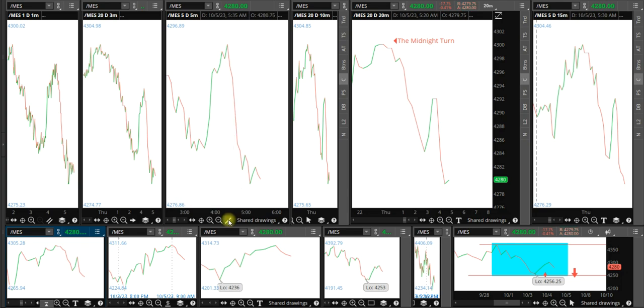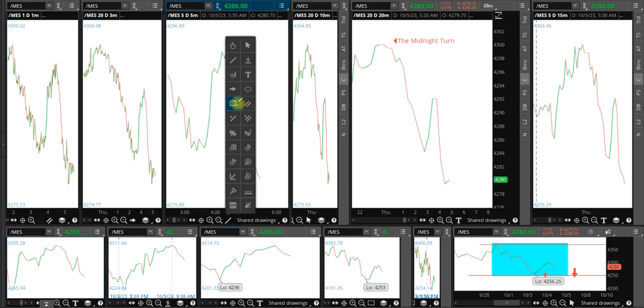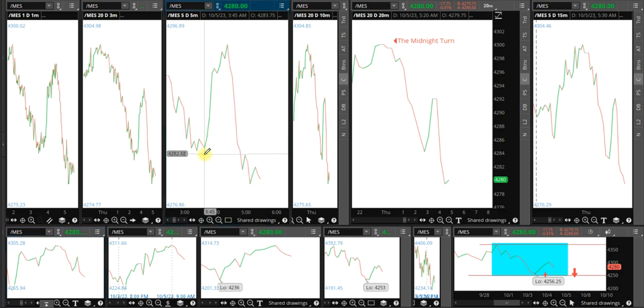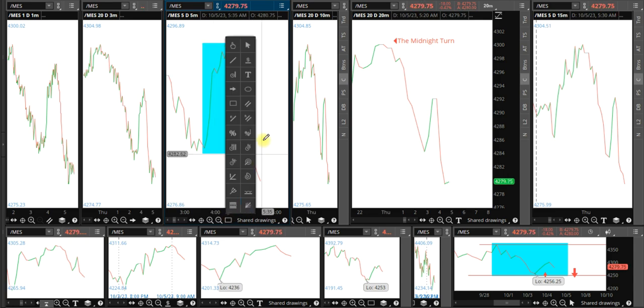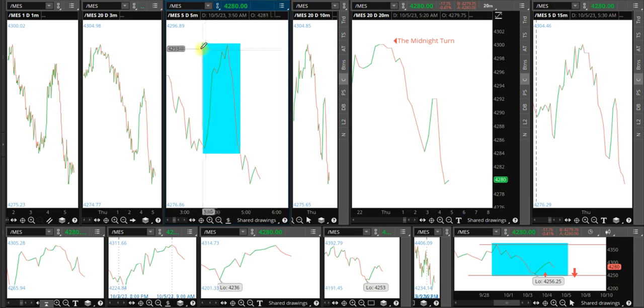Well, if you look at the 5 minute time frame, you got a pretty clear decaying nested fractal right here. All right. So this fractal here would give you a confirmation that you'll have a midnight turn here.